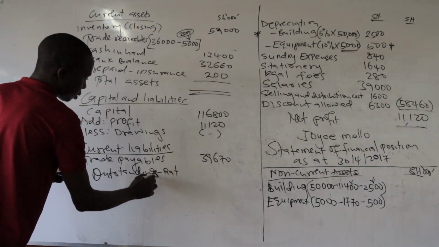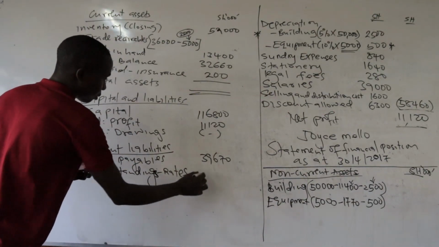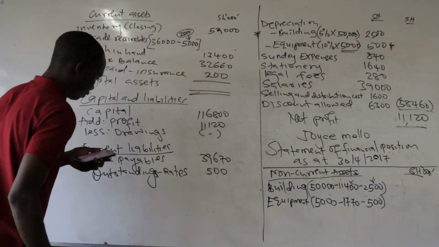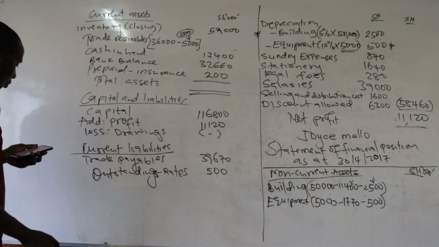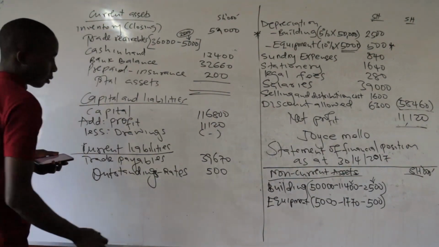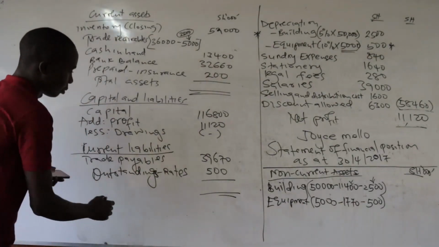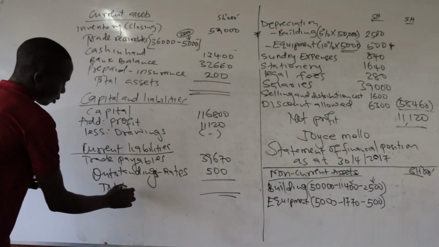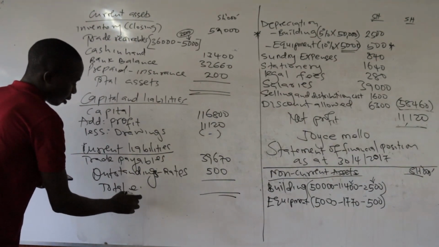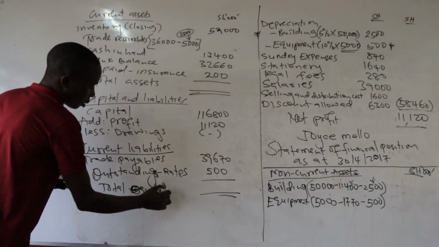So to be more specific, it was rates. So that is according to additional information number 2. So the 500. So up to that point, we can check if there is no other item before we say total equity and liabilities.